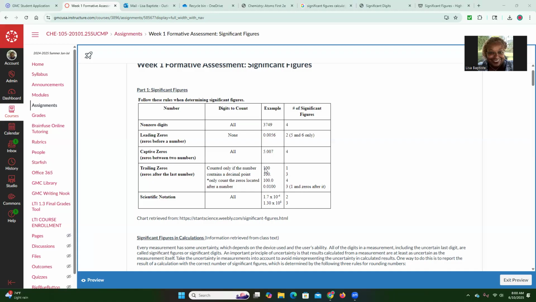But if we want to show that 100 has two significant figures, we can put it in scientific notation, and then that would be 1.0 times 10 to the second. So if when we're rounding a number we can't write it as a regular number to show the significant figures, we can always put it in scientific notation, all right?